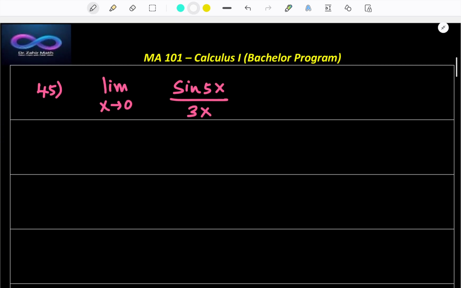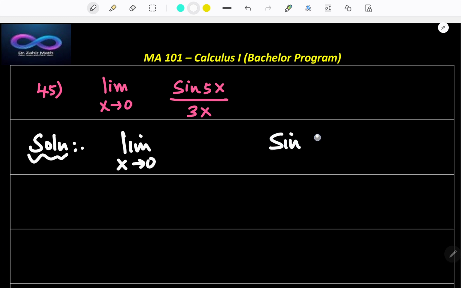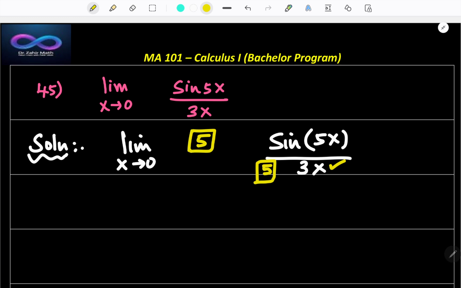Limit x goes to 0, sine 5x divided by 3x. So let's go to the solution. Limit x goes to 0, sine 5x divided by 3x is given in the question. But I want 5x in the denominator. So already x is there, so I'm adjusting 5 in the denominator and 5 in the numerator.